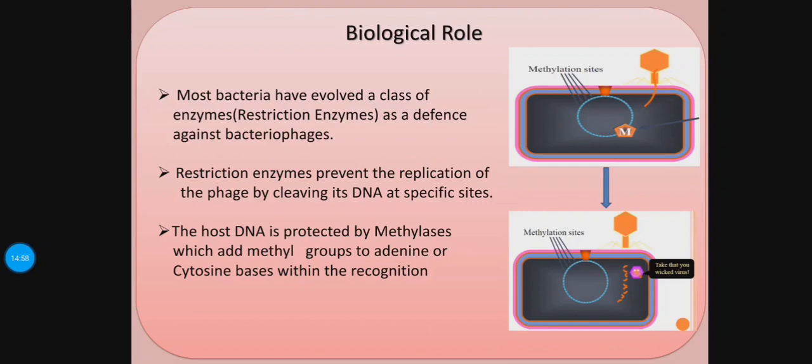And this is actually the role of restriction enzyme in bacteria. So restriction enzyme is nothing but the enzymatic immune system for bacteria, where they recognize and destroy foreign DNA, that is the DNA of bacteriophages, and also modify their native DNA to prevent self-destruction.